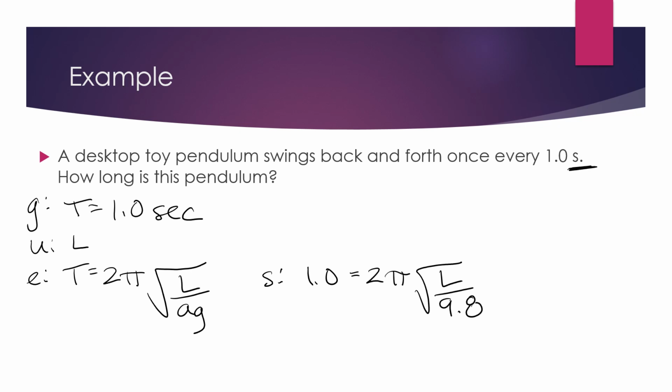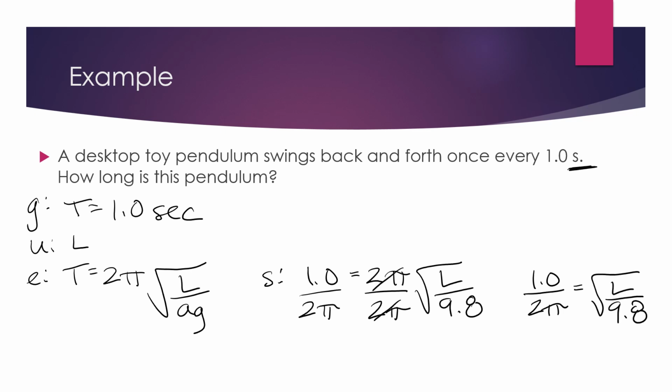Okay, we're going to do algebra here. I have to solve for something under a square root. So what I'm going to do first is divide both sides by 2 pi so that I can cancel out 2 pi. What I'm left with is 1 over 2 pi equals the square root of L over 9.8. Now think to yourself for a second, how do I do this? What's the next step? Did you say the next step is to get rid of the square root by squaring both sides?